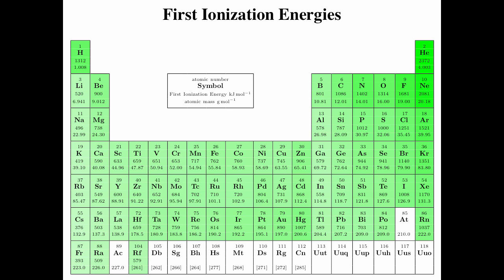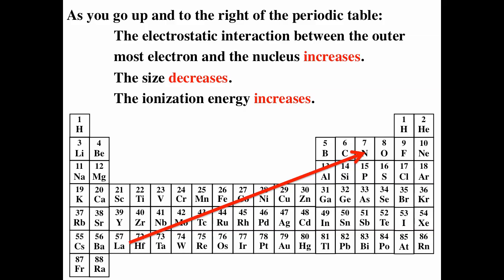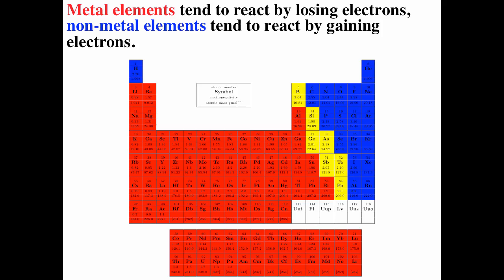And so you notice as you go up to the right, first ionization energies increase. You can find exceptions, again, looking at the nitrogen, looking at the hydrogen. But in general, as you go up to the right, electrostatic interaction between the outermost electron and nucleus increases, the size decreases, and ionization energy increases.